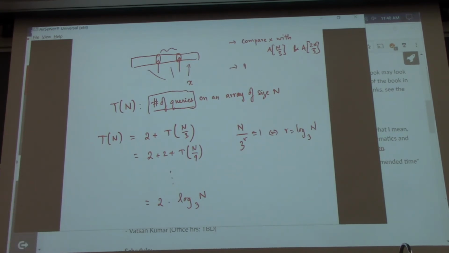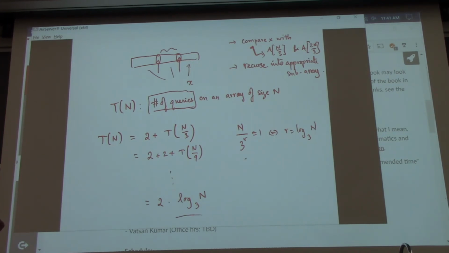So the recursion step takes T of n over 3 because the subarrays are of size n over 3. And here we have two different comparisons. So that's why it's 2 plus that. Okay, so this works out with this.